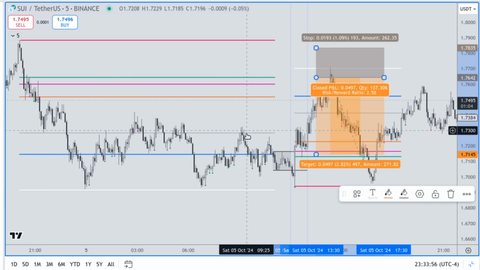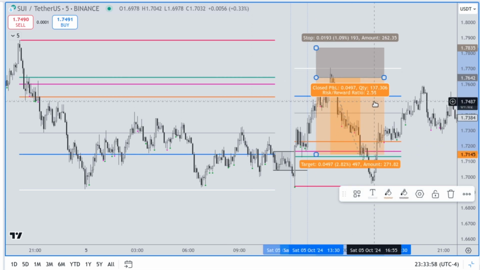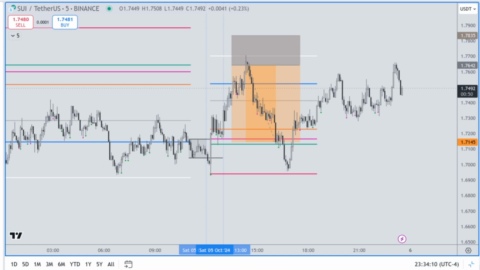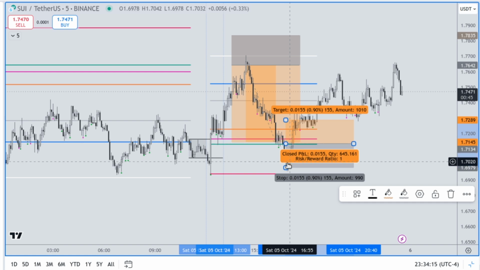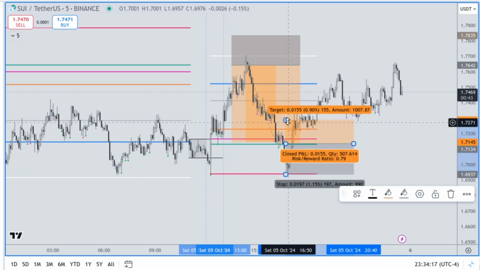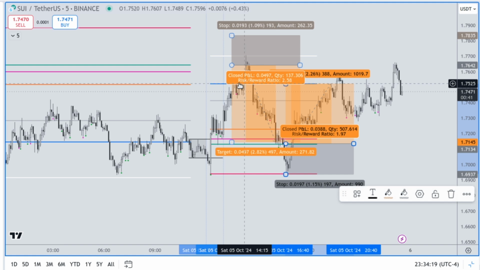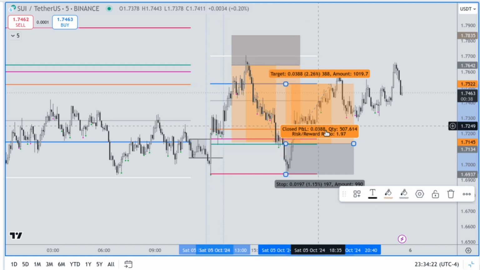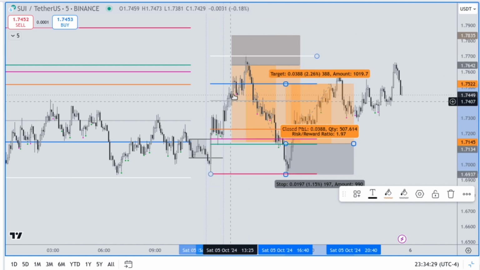From here to here, you have 2.6 risk to reward and almost 3% in this short before taking this long, because you enter here when price reaches the 75% retracement and you target this line, right? So you have a short and you have a long, and everything in context of this outside bar.